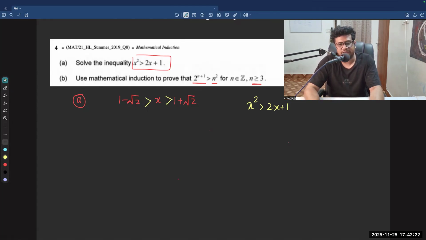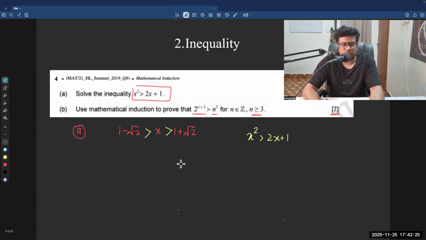Now that's a better thing to write there. So you go x greater than 1 minus root 2 and x lesser than 1 plus root 2 is when x square is greater than 2x plus 1. That is our solution for part A.